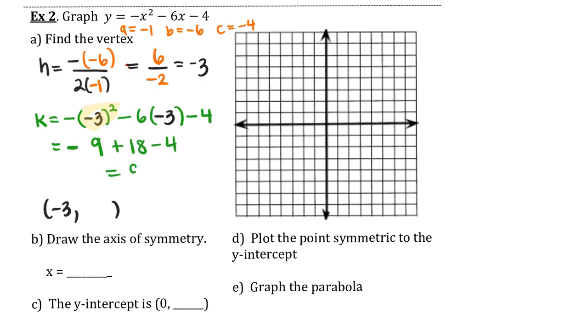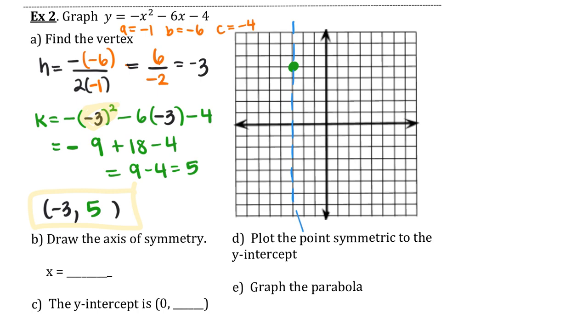Negative 9 plus 18 is 9 minus 4, which is 5. So my vertex is negative 3, 5. Now I'm going to go ahead and graph that. 1, 2, 3, 1, 2, 3, 4, 5. I graph it before I forget which one's which. Okay, it says draw the axis of symmetry. The axis of symmetry is a vertical line through the vertex.